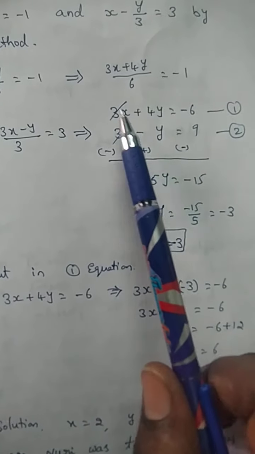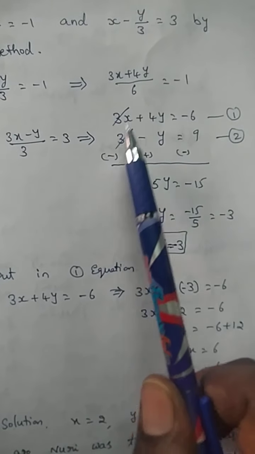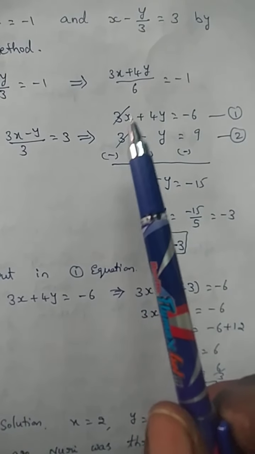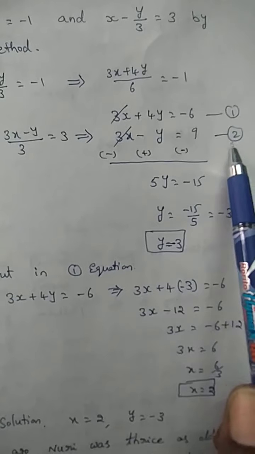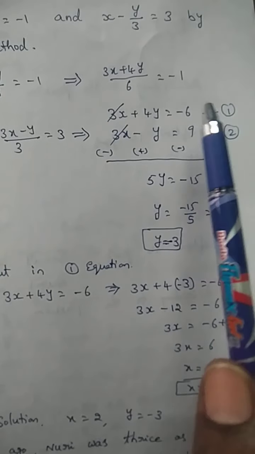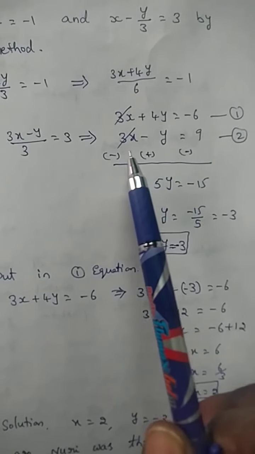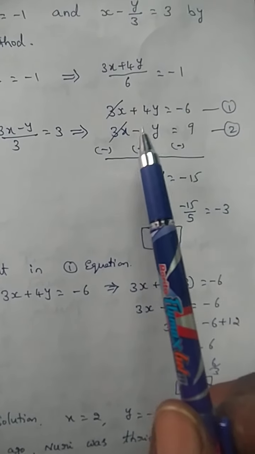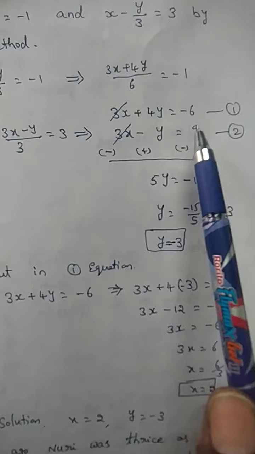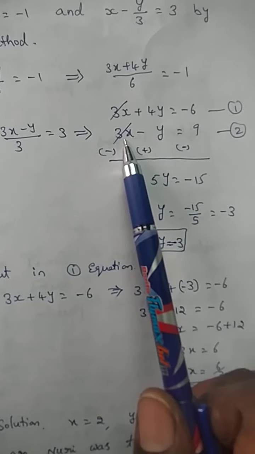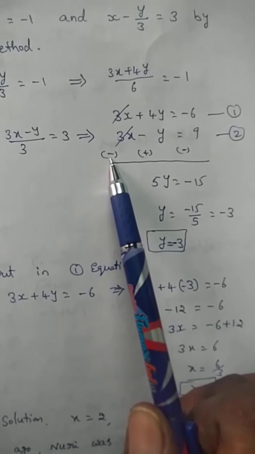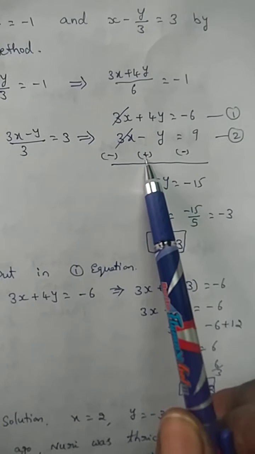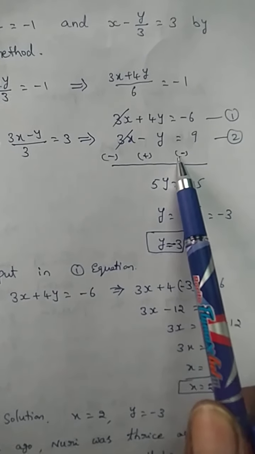Here the x coefficient is 3 in both equations, both are the same, so the second equation is to be subtracted from the first equation. When the equation is subtracted, the signs of the terms are changed: a plus becomes a minus, a minus becomes a plus.